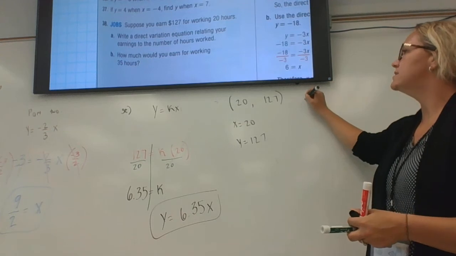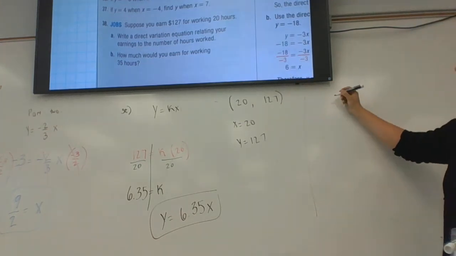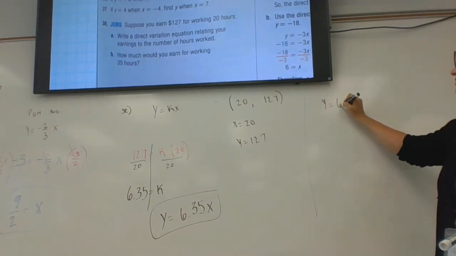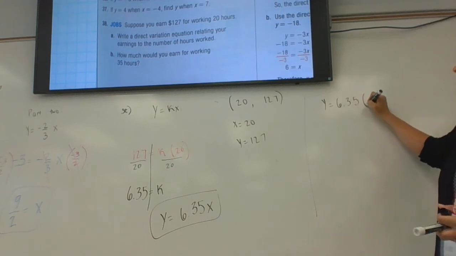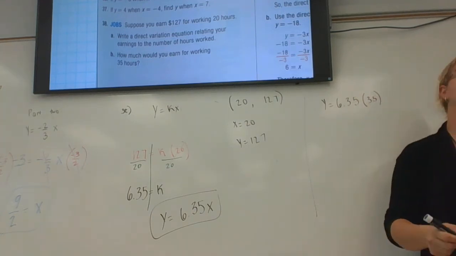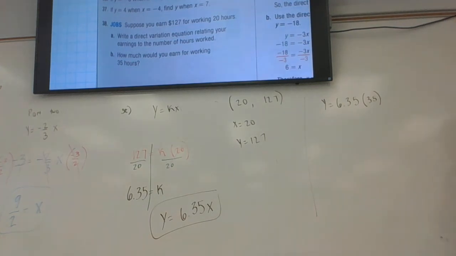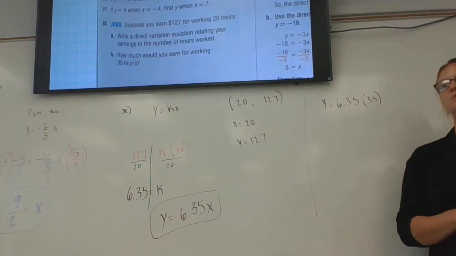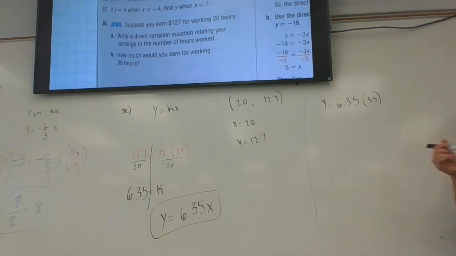All right. So how much would you earn for working 35 hours? And think about this, there was just a recent debate about raising minimum wage all the way up to 15. That's a huge increase. All right, 35 hours, how much did you earn?